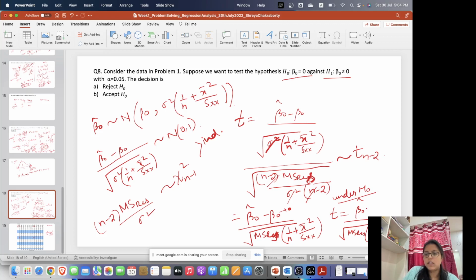So how much will this come out to be? This is 0.5 by root over 43.2 by 18, times (1 by 20 plus 5 square by Sxx, which was 160).